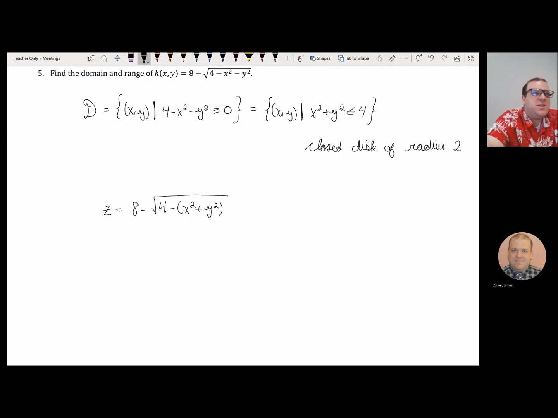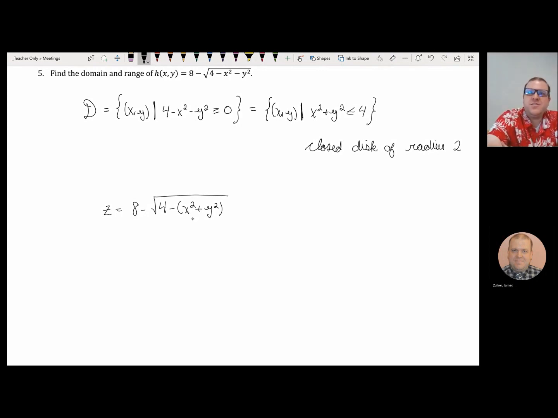Now, if this is between 0 and 4, are you going to get values outside of 6 to 8? Right, that's the question. You're not, are you?